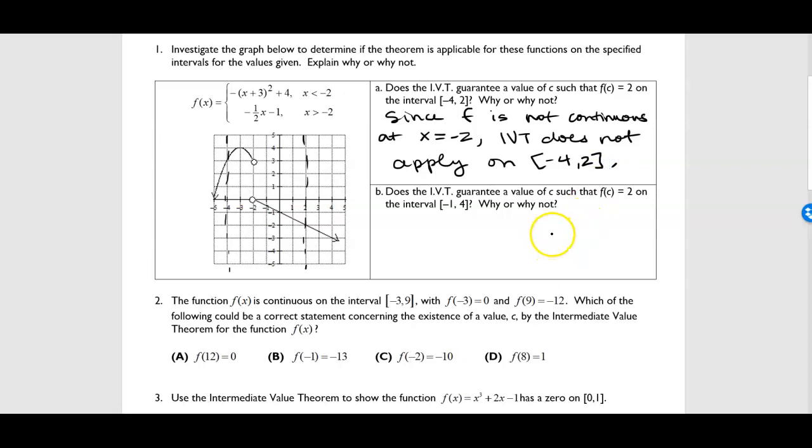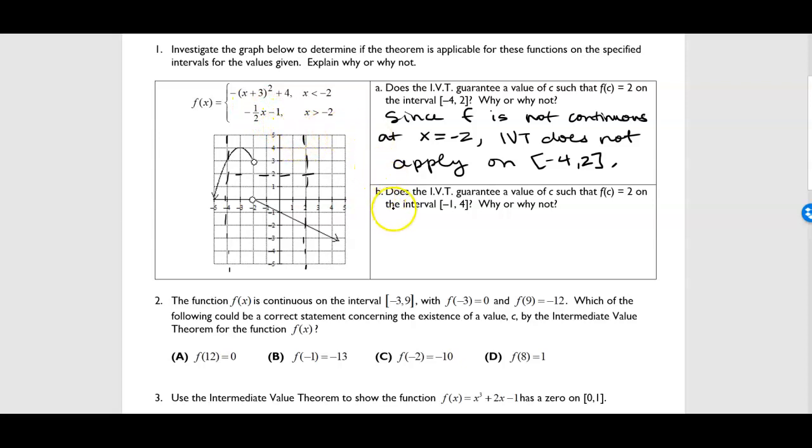Now that doesn't necessarily mean that there is no y value of 2 on this interval. It just means it's not guaranteed. If I look in this case, I can see there is no actual place where my graph hits the y value of 2. And that's because, again, this function is not continuous, so I can't use the intermediate value theorem.